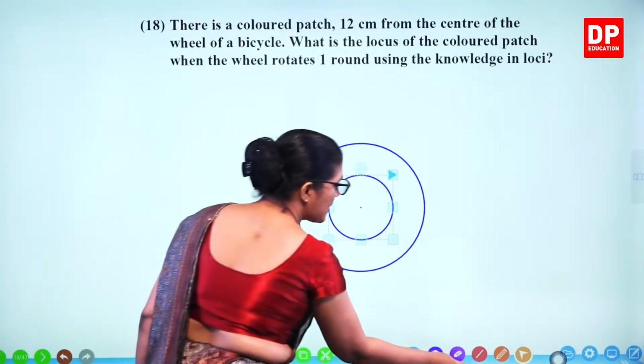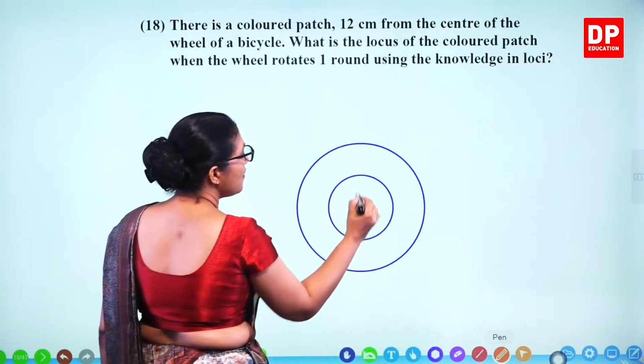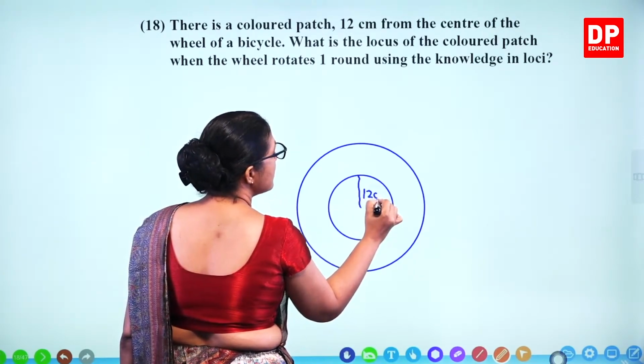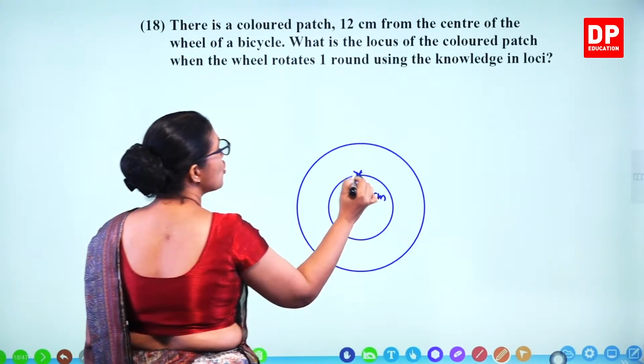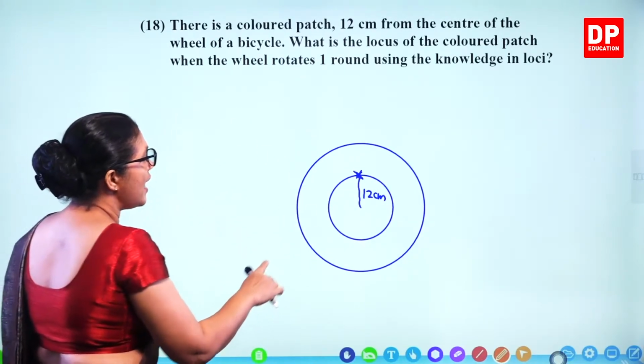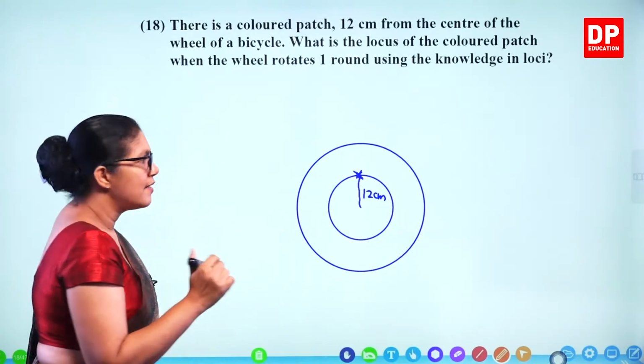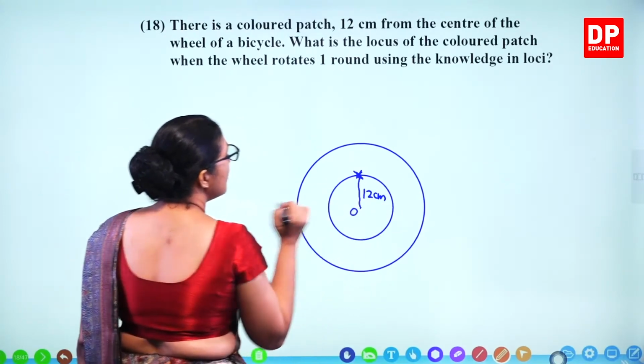So this length is 12 centimeters. So think about this is the patch. When the wheel rotates, this patch also rotates and you get a circle. So this is the center O.